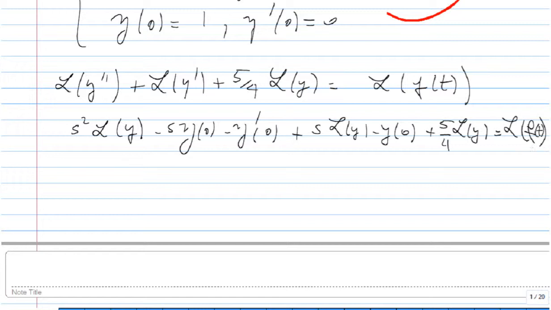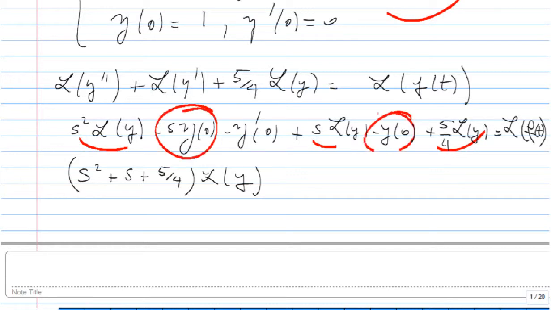So let us put together the terms that have Laplace of y. This will give me s squared plus s plus 5/4 Laplace of y. And then we have y of 0, which is 1, so this term and this term will give me minus s minus 1. And finally, this term here is equal to 0, because y prime of 0 is 0. All this gives me Laplace of f of t.